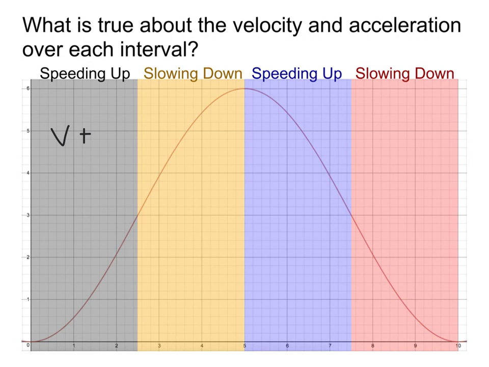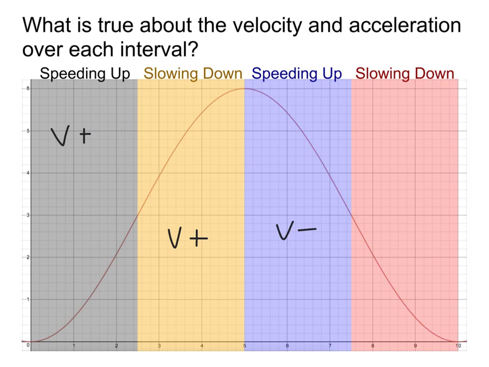What about in this next interval where it's slowing down? Is the velocity positive or negative? Well, my slope is still positive, so the velocity is still positive there. Okay, next let's go to this speeding up section. Over this section, is my velocity positive or negative? Negative, because my slopes now are going down.